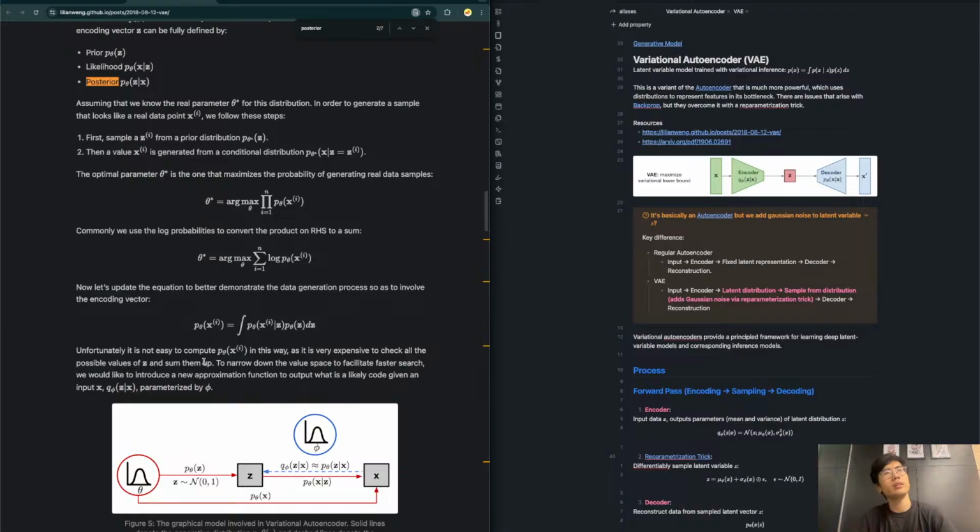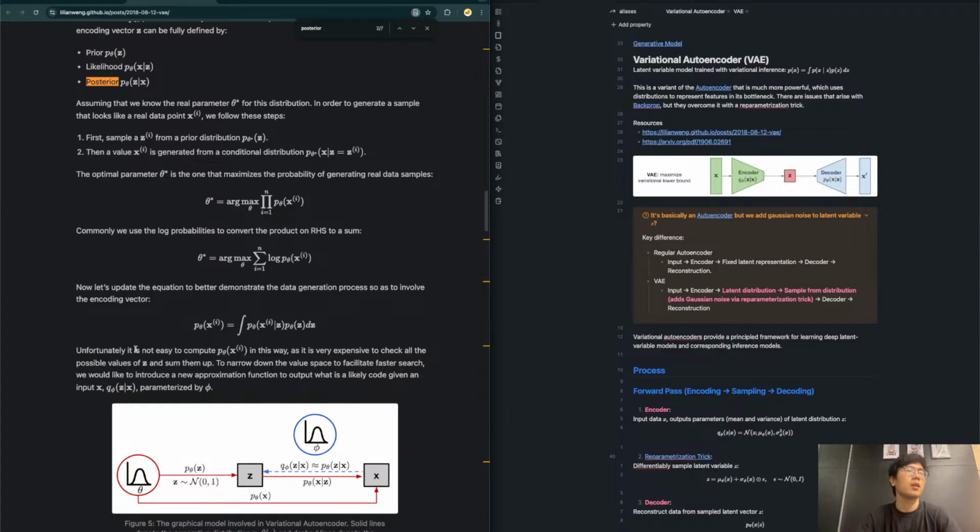And the idea is that we want to find the set of parameters that maximizes the log probability of the correct data being generated, right?